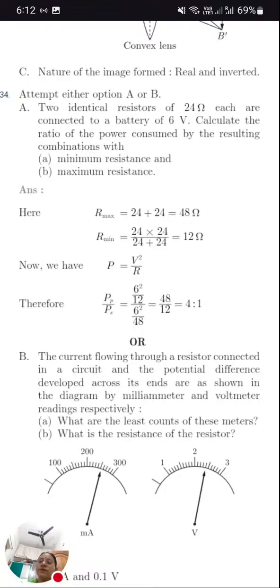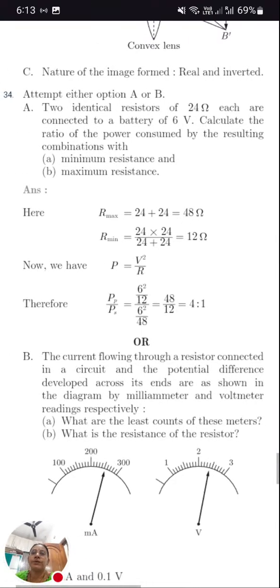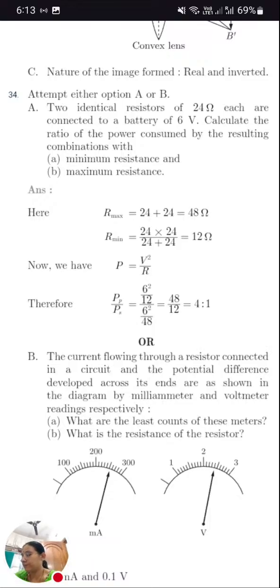So the ratio is 4:1. Is it clear? Vivek, is it clear? Question number 34. Is it clear?